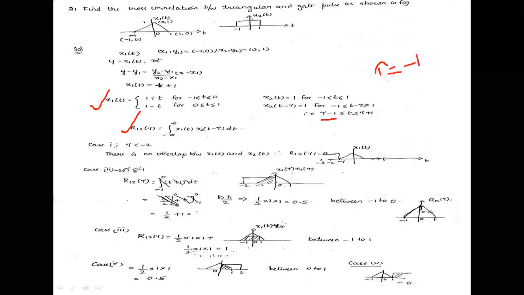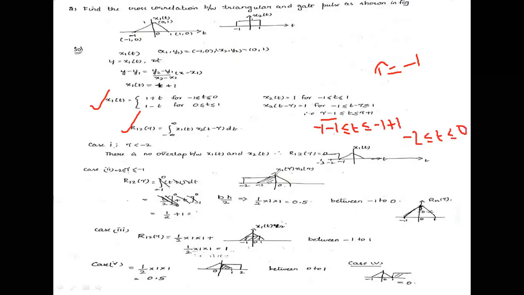Tau is less than or equal to minus 1, all the less than values. So taking equal to minus 1, minus 1 less than or equal to t less than or equal to minus 1 plus 1. Now it becomes minus 2 less than or equal to t less than or equal to 0.